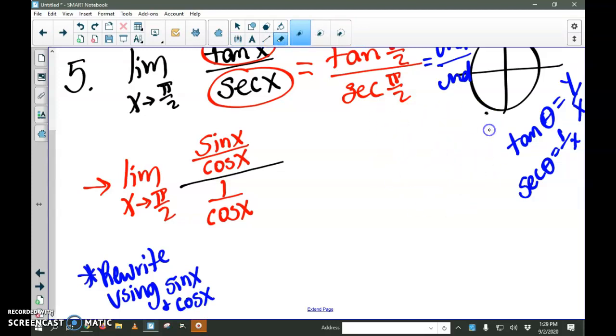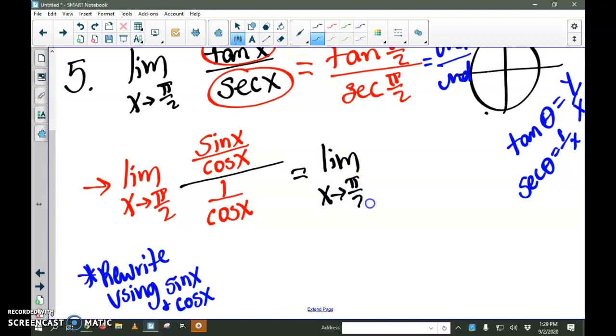All right, the reason why I do that is because I can now rewrite this limit. I'm not going to substitute pi halves in yet, I still have some manipulating to do, so I have to rewrite that limit as x approaches pi halves.